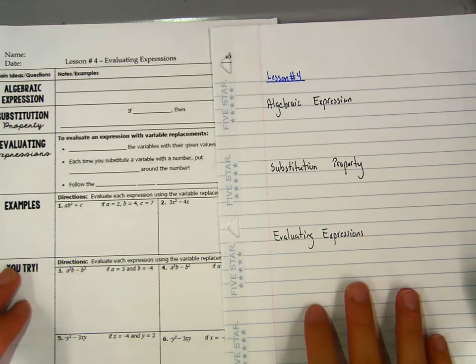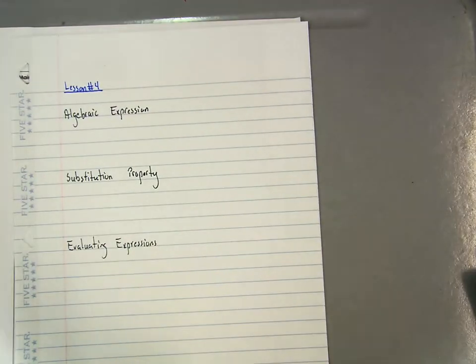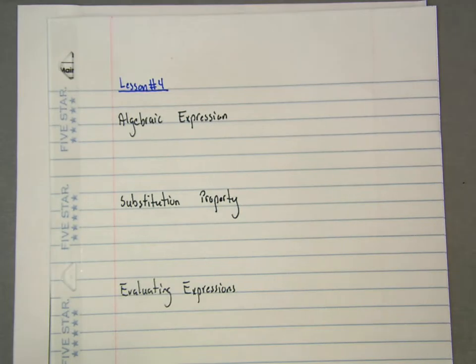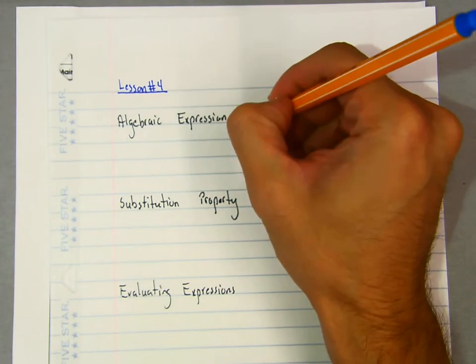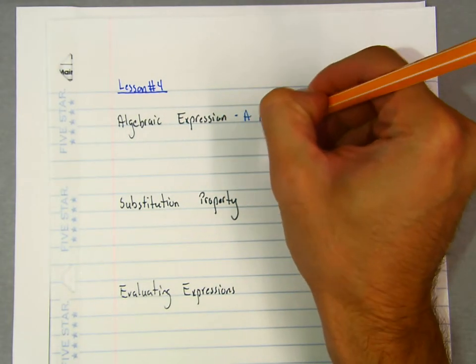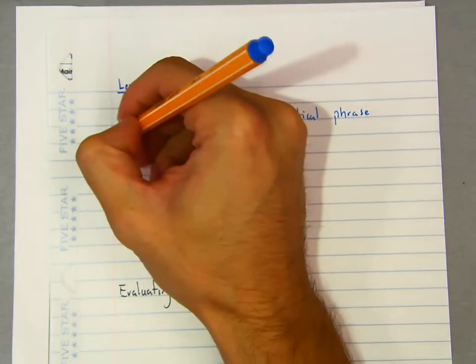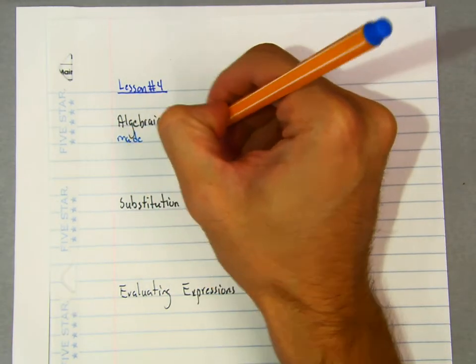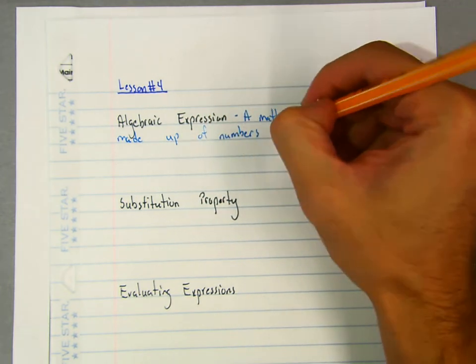So here, for the first part, what is an algebraic expression? Let's just write down the notes for this. It is a mathematical phrase made up of numbers and variables.